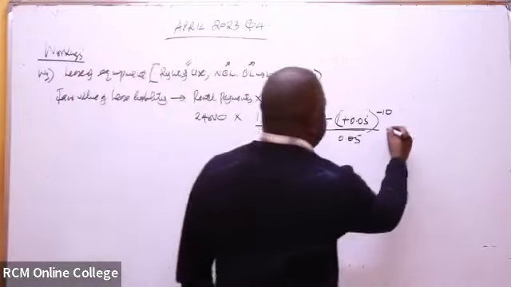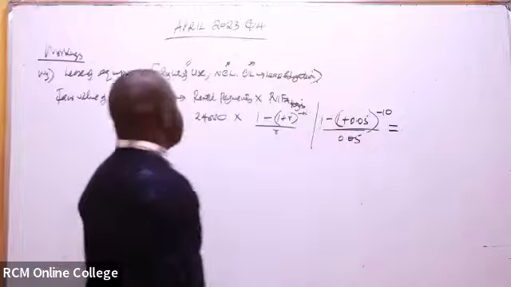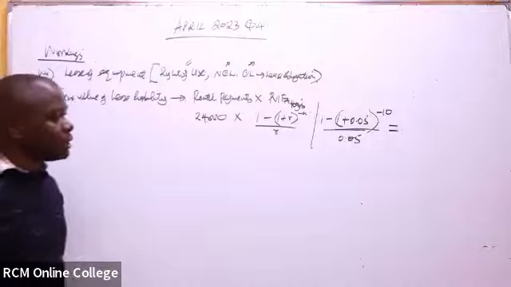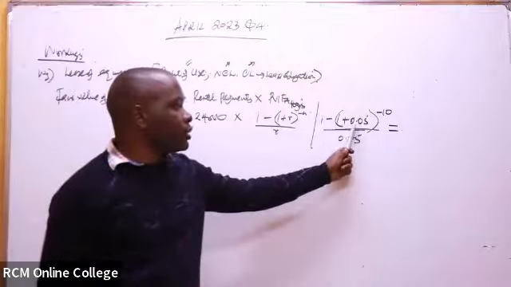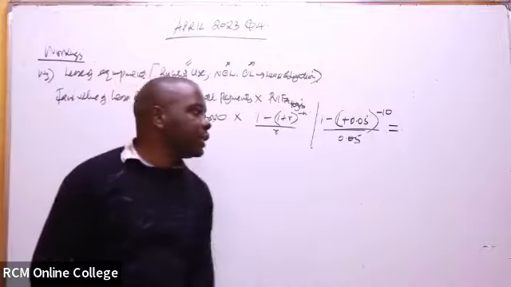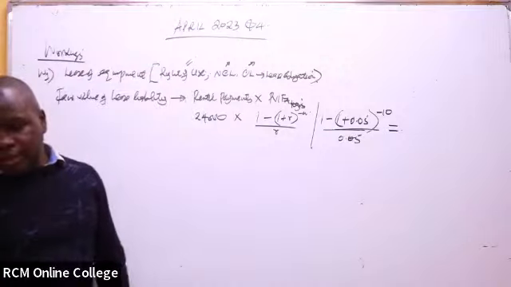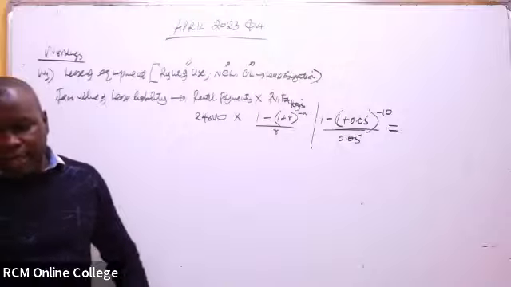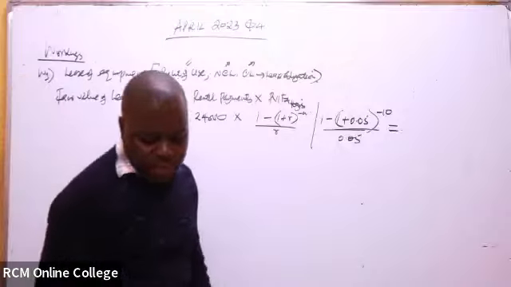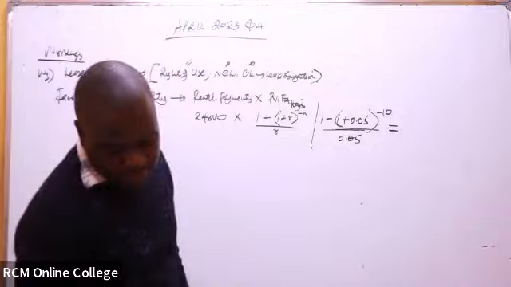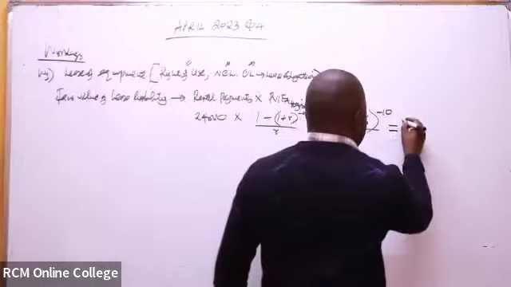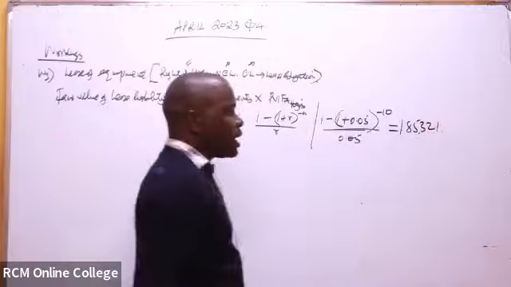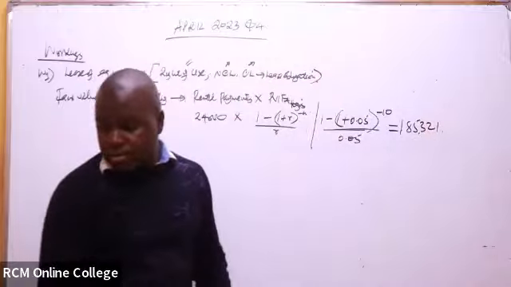So now you can tell me, what are you getting as the lease liability? You can now do the computation. This is the correct one, 0.05, because it is per half year. You're getting 185,321, almost the same figure you are given there. 185,321.63.